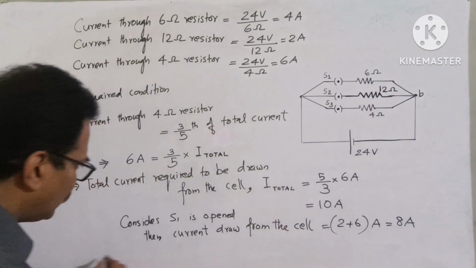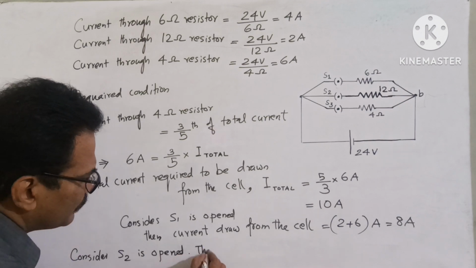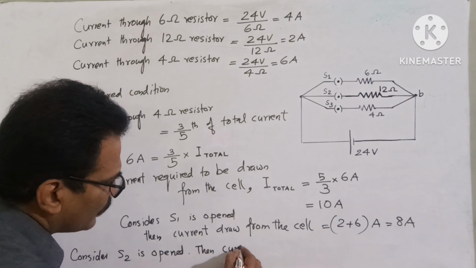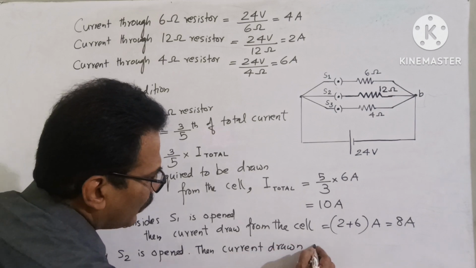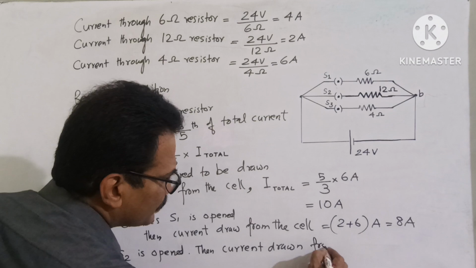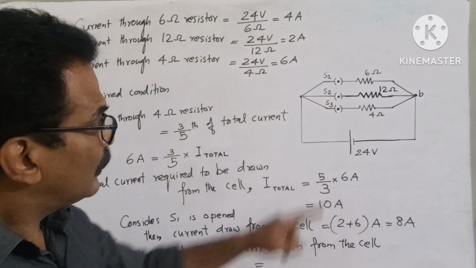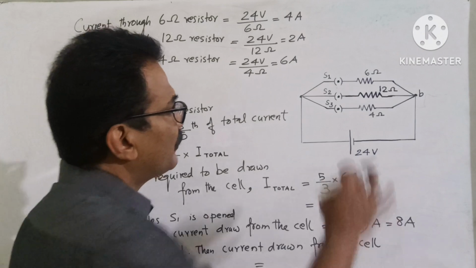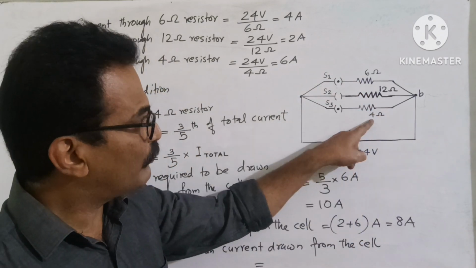Then consider S2 is open. Then the current drawn from the cell. S2 is open. So in the circuit, 6 ohm is there and 4 ohm is there.